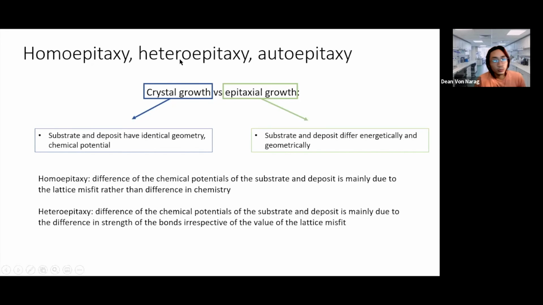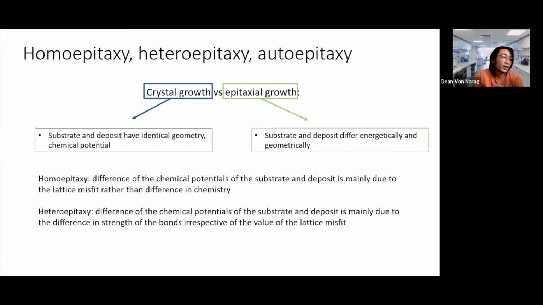Now we have these 3 words: homoepitaxy, heteroepitaxy, and autoepitaxy. Before we look into their definitions, let's first ask the question, what makes crystal growth and epitaxial growth different? Again, this was discussed earlier by ma'am. For crystal growth, basically, the substrate and deposit have identical geometry and chemical potential. So again, we recall our previous lessons on crystal growth.